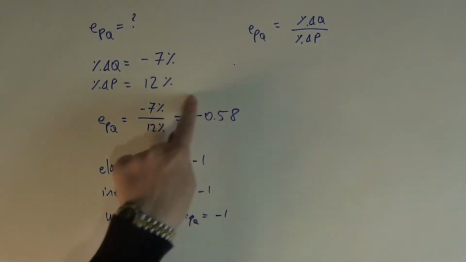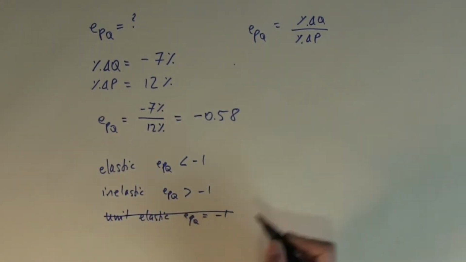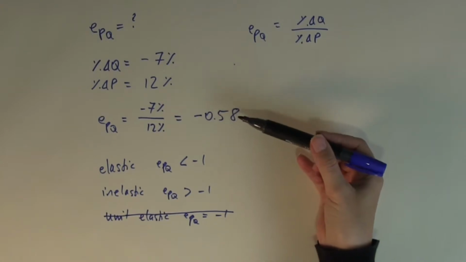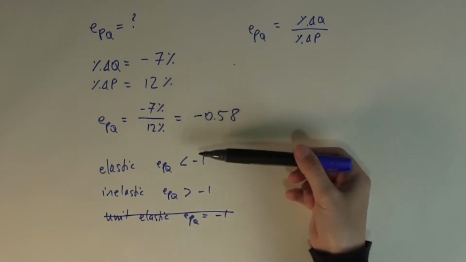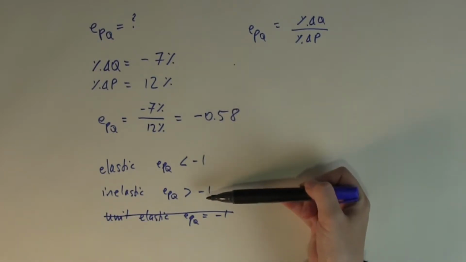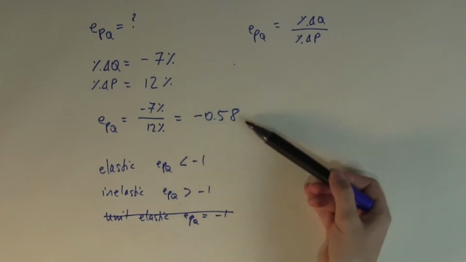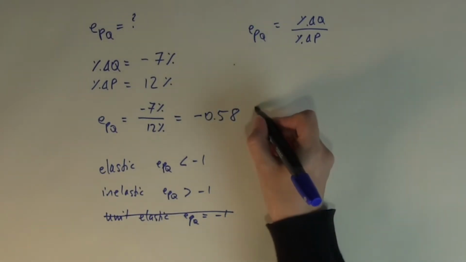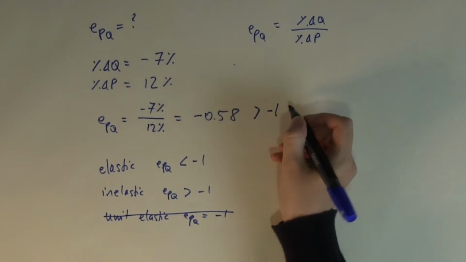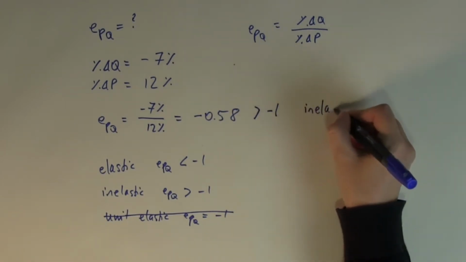Now, looking at our answer, we can say straight away that it's not unit elastic because it's not exactly -1. Now, the question is, is it smaller than -1 or is it bigger than -1? Well, this is closer to 0, so this is actually bigger than -1. So what we have here is an inelastic product.